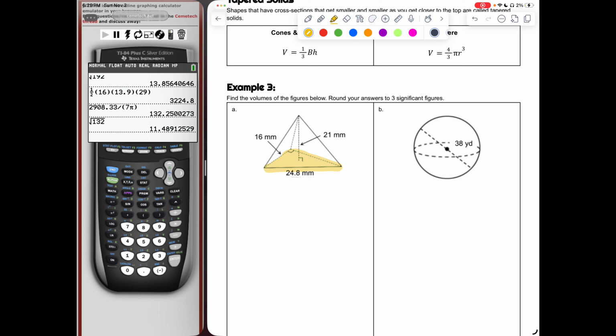One thing that we should realize is that this base has a right angle in it. If we have a right angle, we know that this is a right triangle.